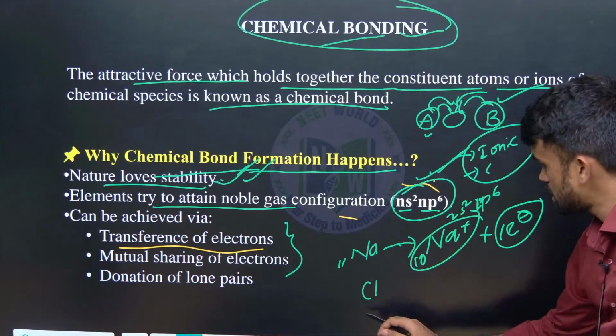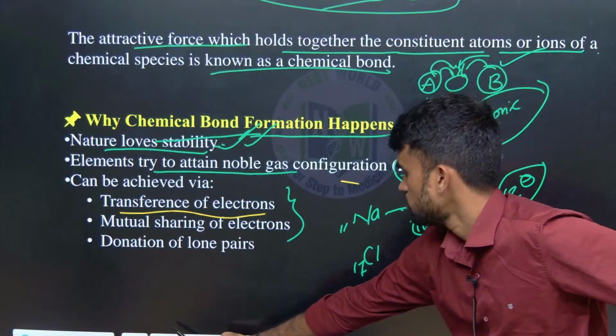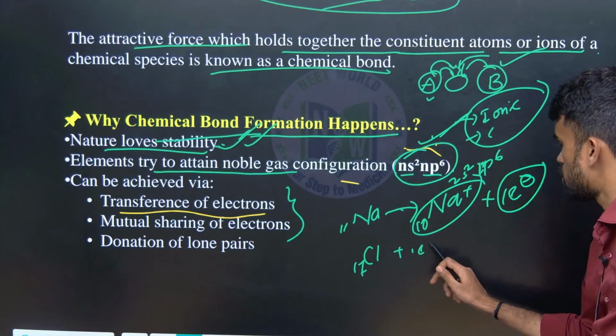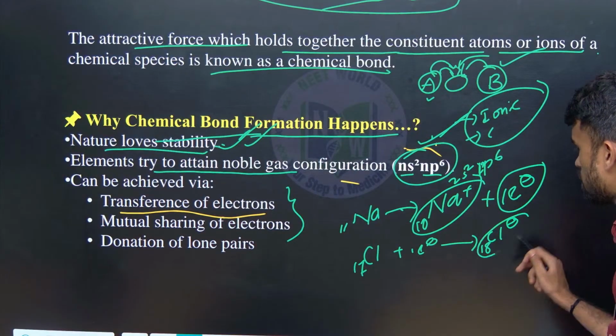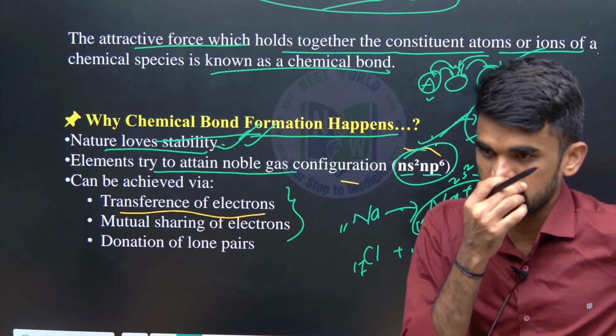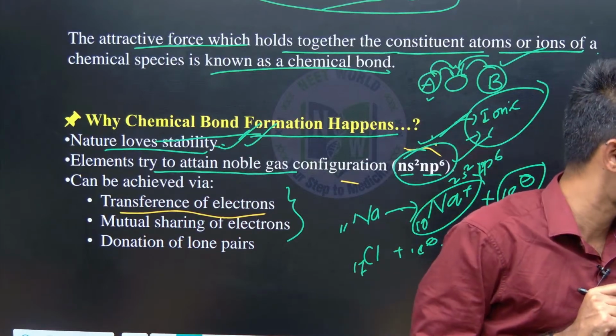Chlorine has 17 electrons. By gaining that one electron it becomes Cl-, with 18 electrons, again an argon gas configuration, 3s2 3p6.